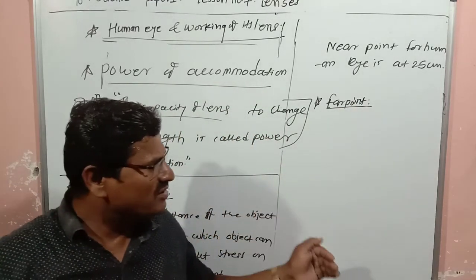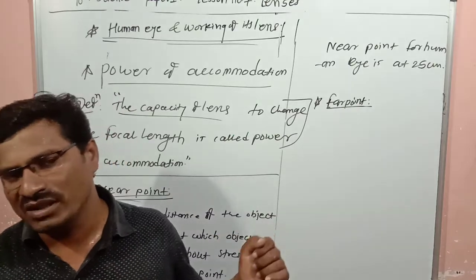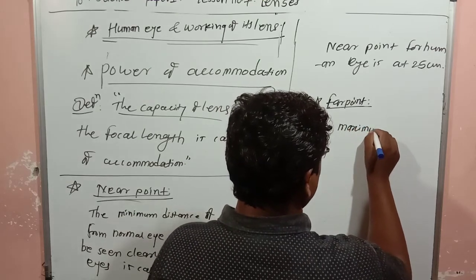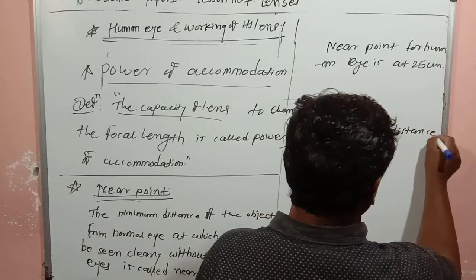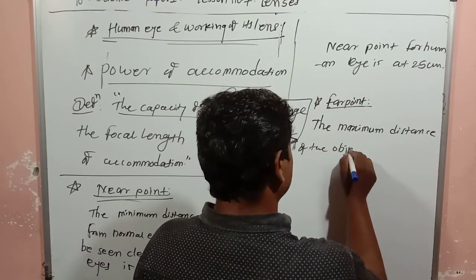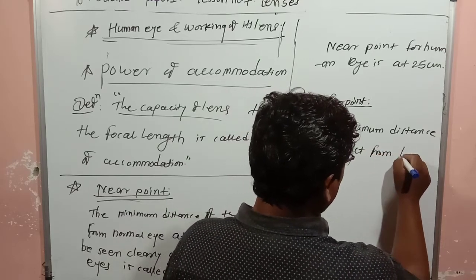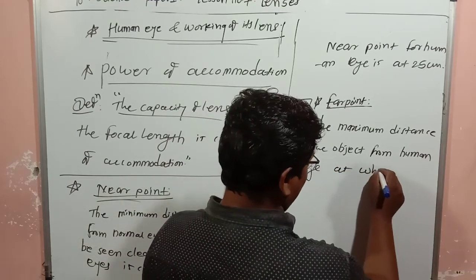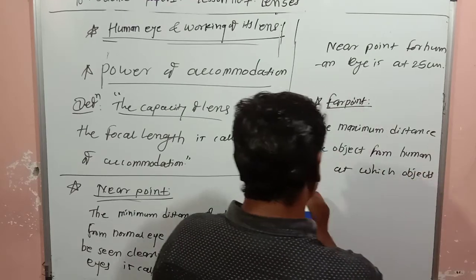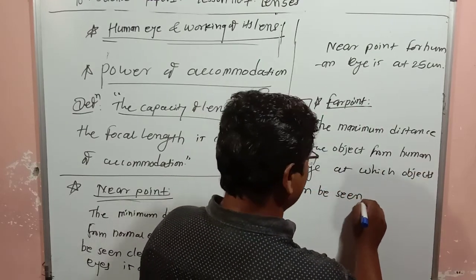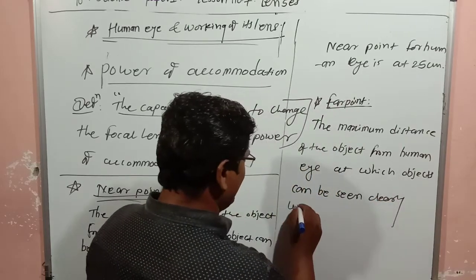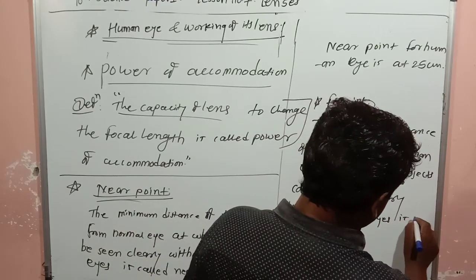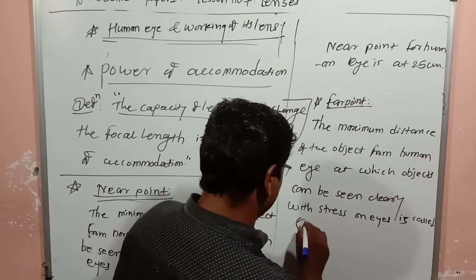It is the maximum distance of the object from the human eye at which the object can be seen clearly without stress on the eyes. It is called the far point.